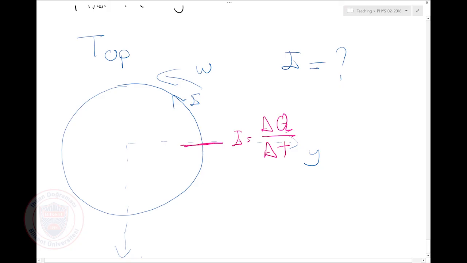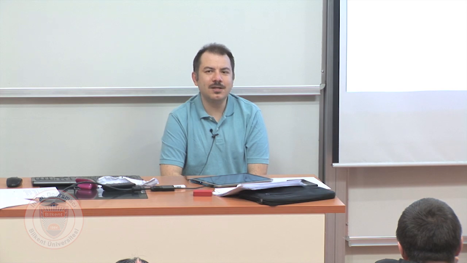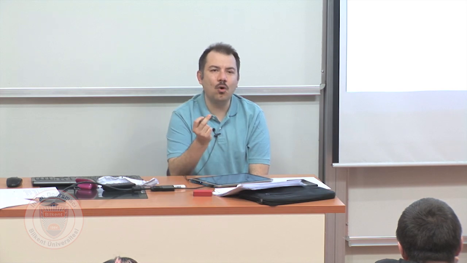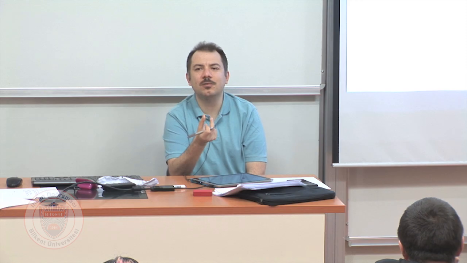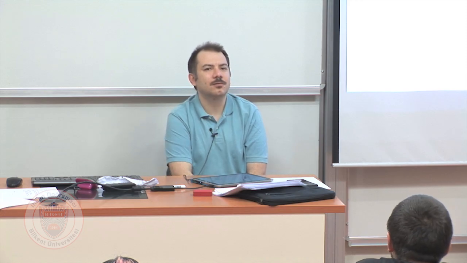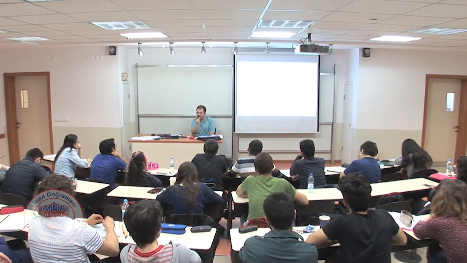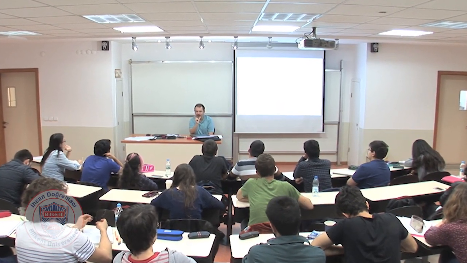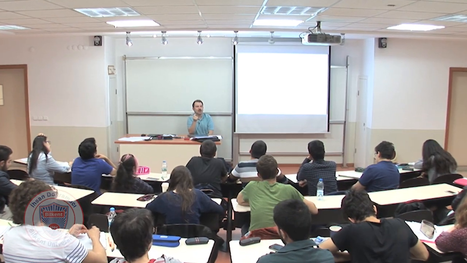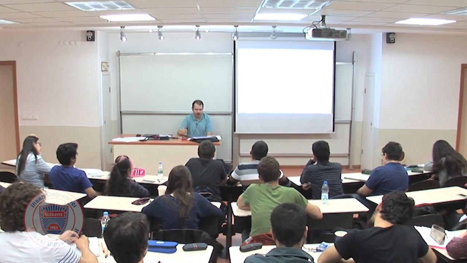Now, how much time would it take for all the charges to pass once through my point? It would be one period of rotation, right? If the ring rotates once, all the charge would have passed through my point once.